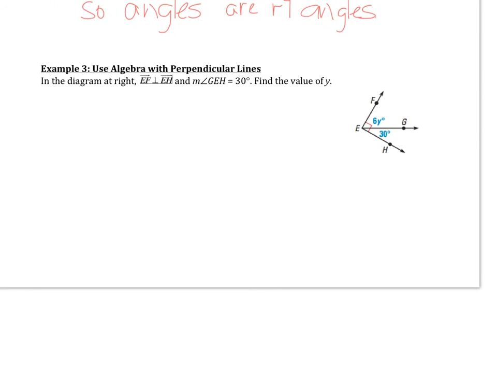When you use algebra with perpendicular lines, you see that I have two sides of adjacent angles that form a right angle, or perpendicular. So that means my two angles are complementary. So when I add them together, they equal 90.